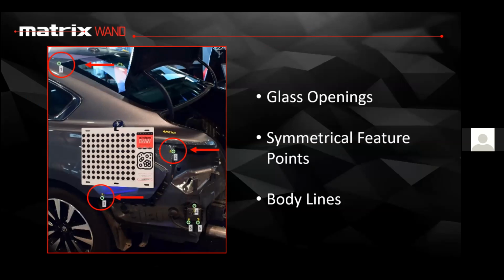We can measure all the way from the glass opening. Those are going to be symmetrical on either side. We can find other symmetrical feature points, like here at the tail light pocket, or we can find simple body lines, like down at point number 3.